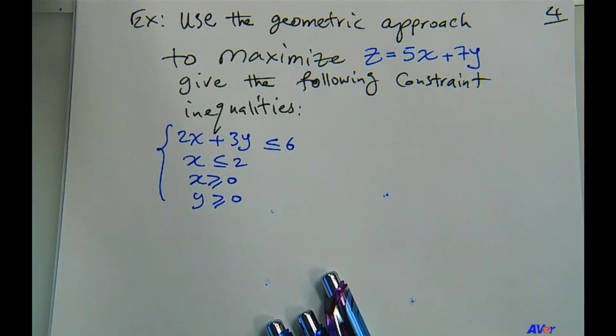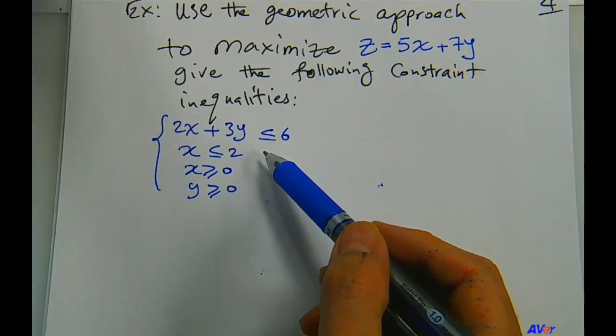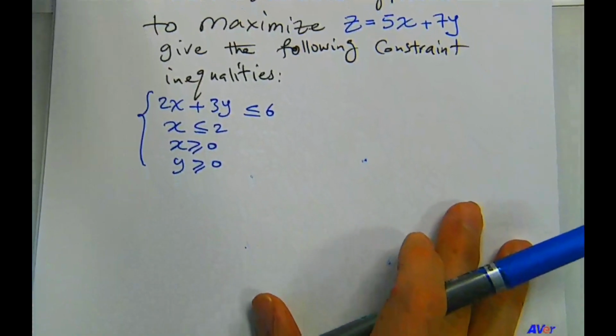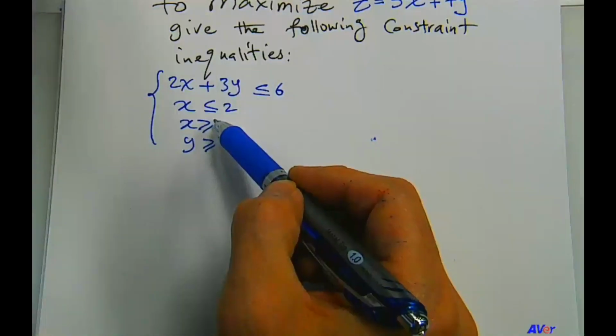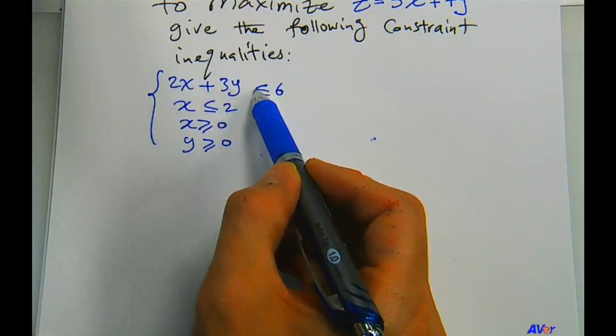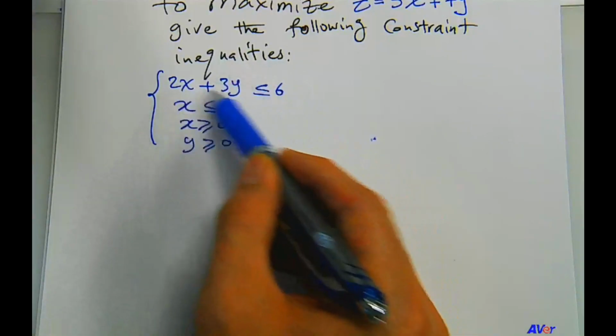Okay, so just like what we learned in section 4.1, in order to find the solution region for this set of constraint inequalities, we're going to find each boundary line. We're going to test a test point to see which side is the solution of this one.